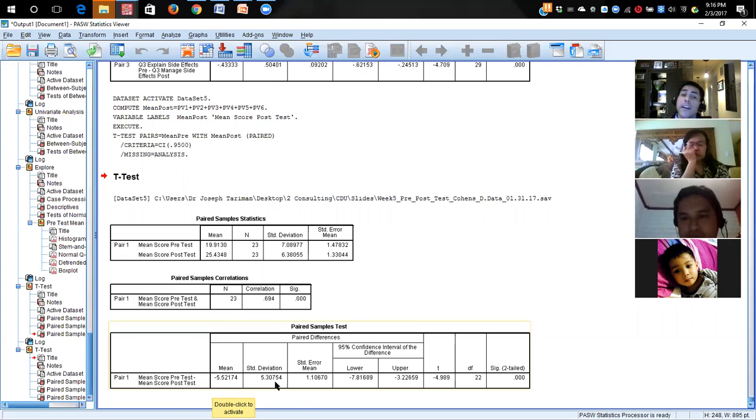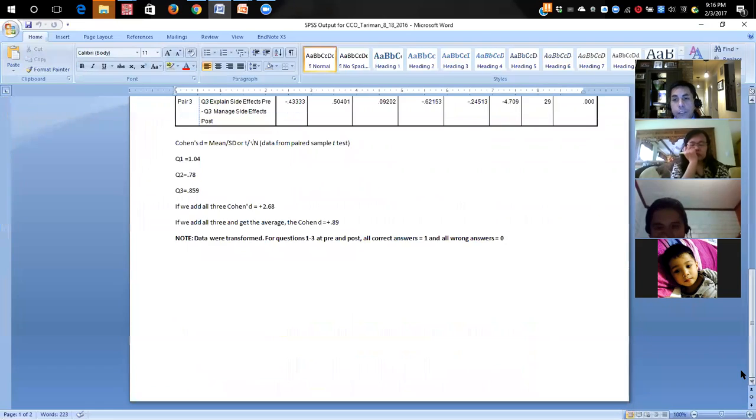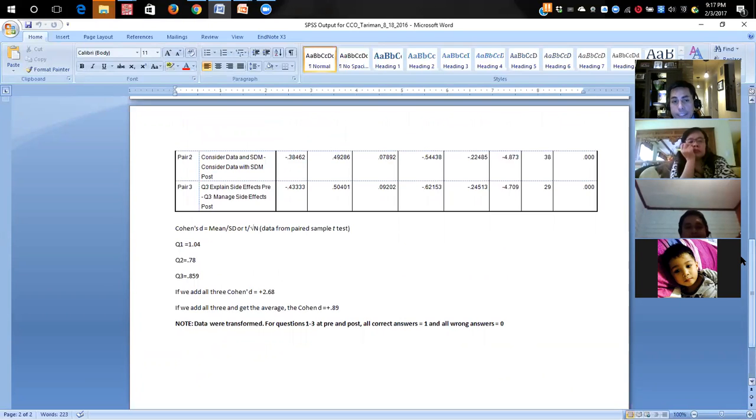So this is the foundation of Cohen's d. Cohen's d, which I think was denoted by sigma, is equal to the mean divided by the standard deviation. But it needs to come from your paired t-tests.